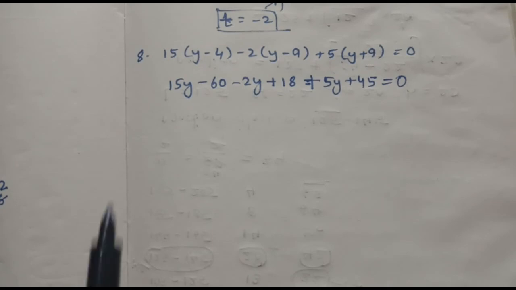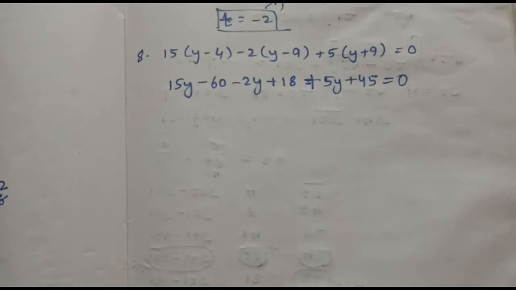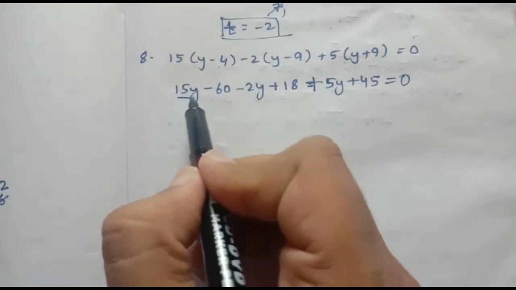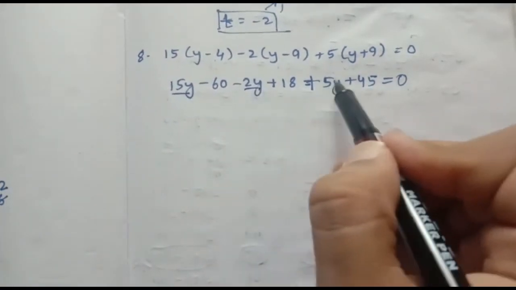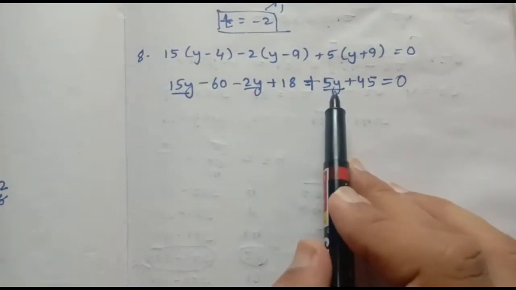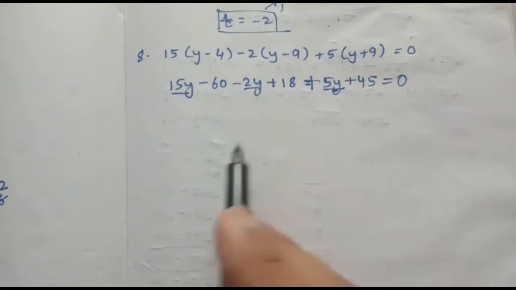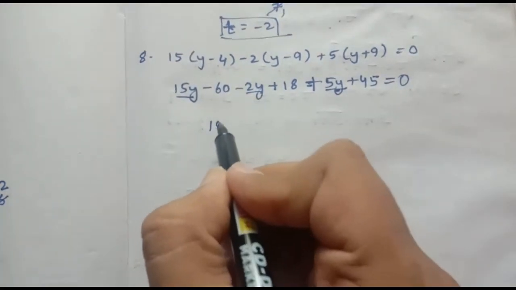Now let's solve the variable and constants. Here we have 3 like terms of y. 15y plus 5y is 20y. 20y minus 2y will be 18y.